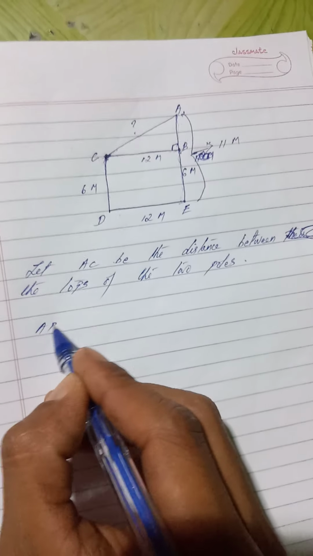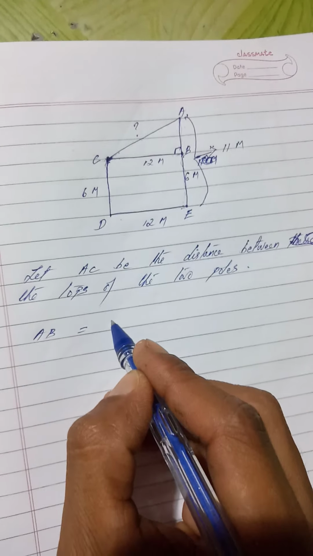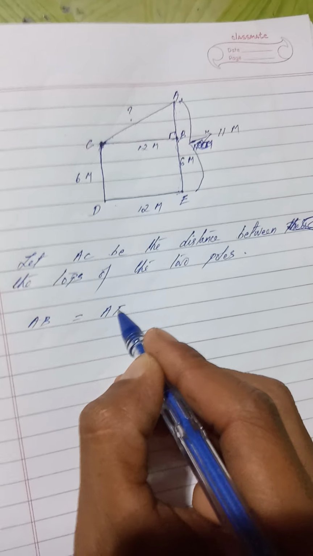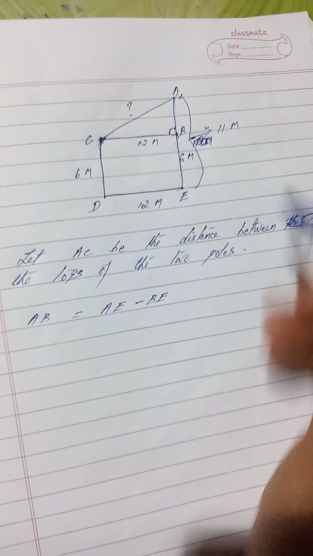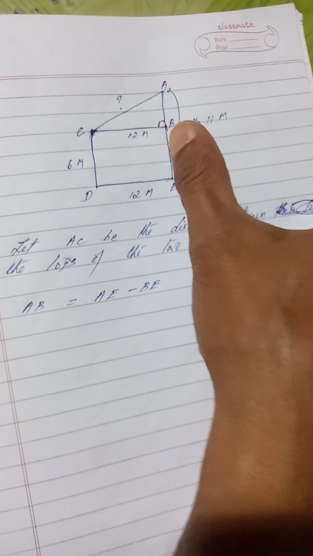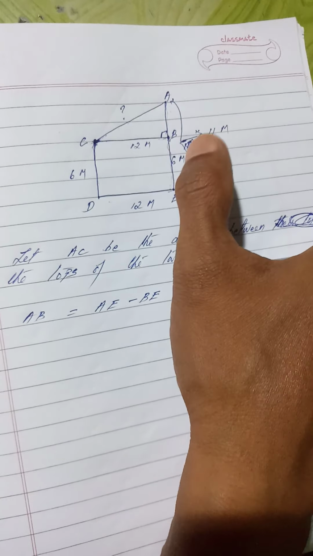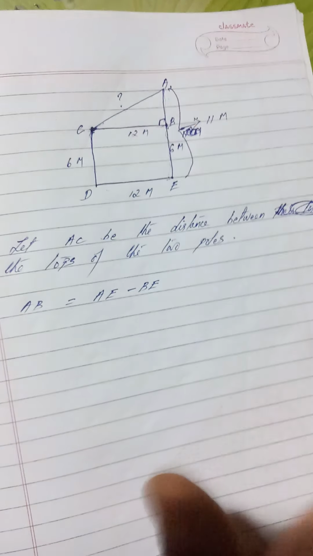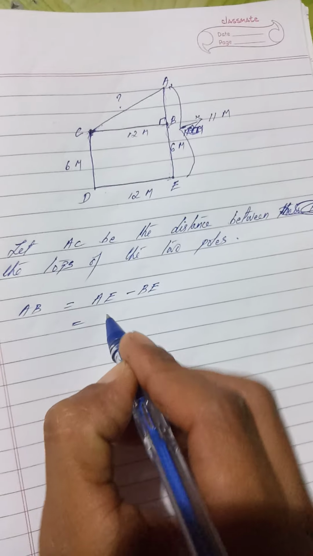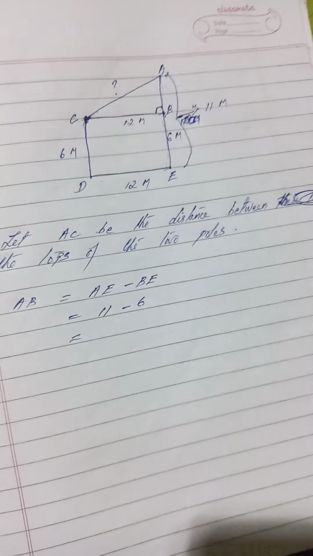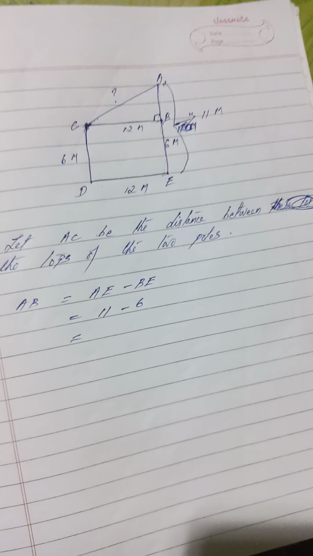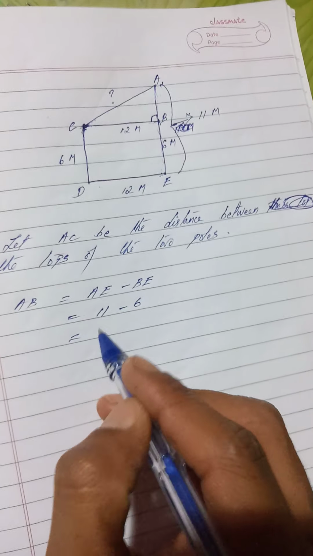Now let's calculate AB. AB means, I already said, AE minus BE. From the full length, if we subtract BE, it will come out AB. So AE is 11 and this is 6, if we subtract it, 5.